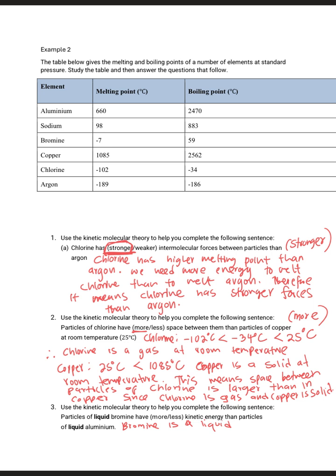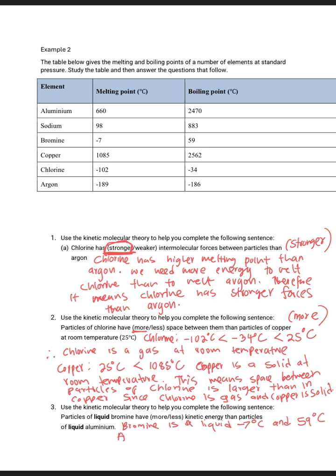Remember, a liquid exists between what? Melting point and boiling point. So it exists as a liquid when its temperature is between -7 degrees Celsius and 59 degrees Celsius. Then now we're going to check for aluminium.